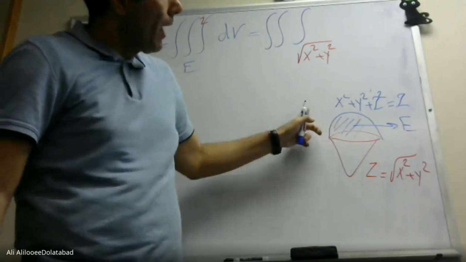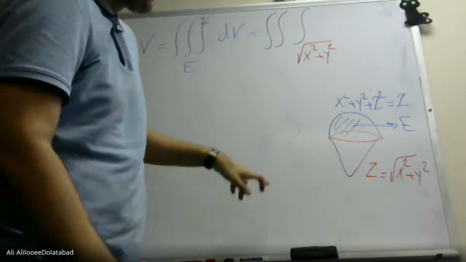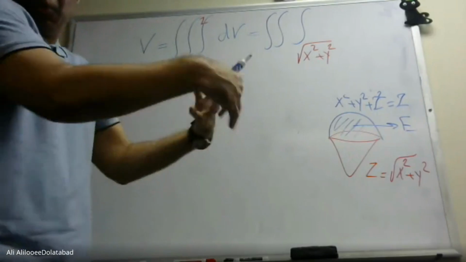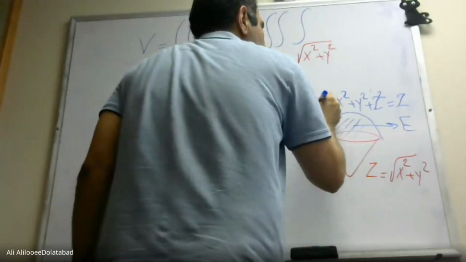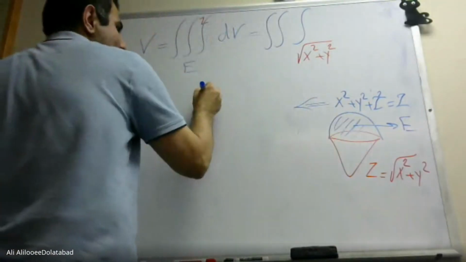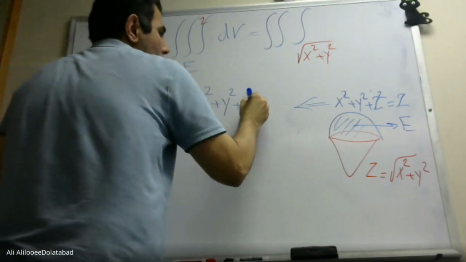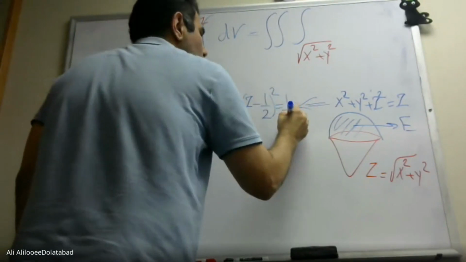What about on the top? On the top you need to find an equation for this sphere. Then you need to solve for z. As I told you, it can be written as x squared plus y squared plus z minus 1/2 squared equals 1/4.